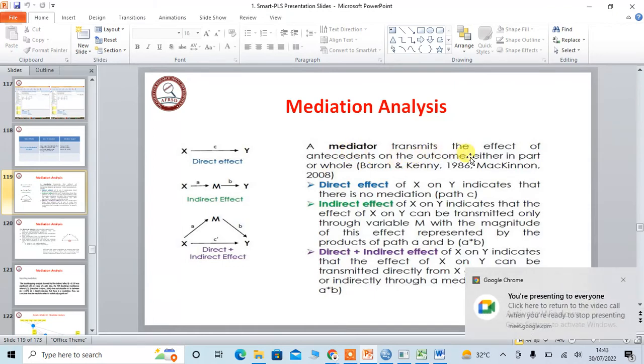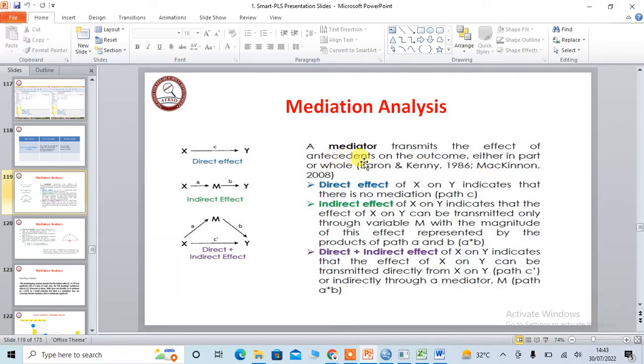So a mediator transmits the effect of antecedents on the outcome. Antecedents means the independent variable, and outcome means the dependent variable, either in part or whole. It might be partial or full mediation. That's why it is part or whole.